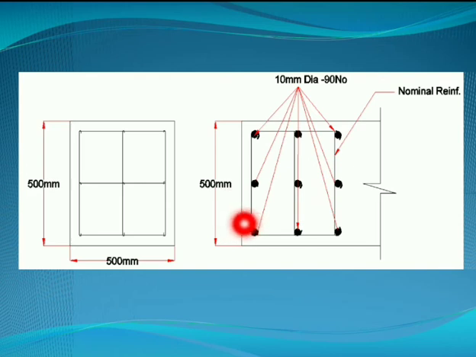If we subtract the initial 50, the remaining length will be 450. In 450, we have to get 2 spacings, so 450 divided by 2 gives the 2 spacings which are available. This is how we have to provide the spacing. Maximum spacing can go up to 300 and not beyond 300.